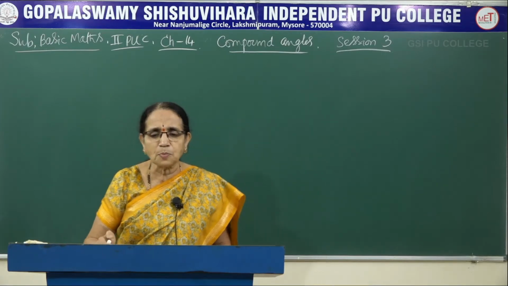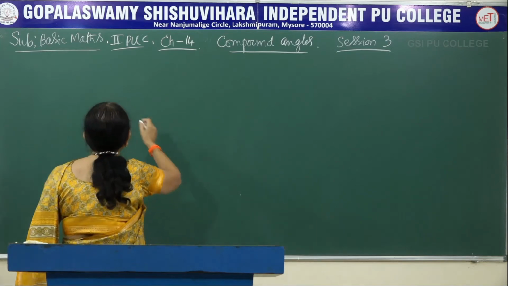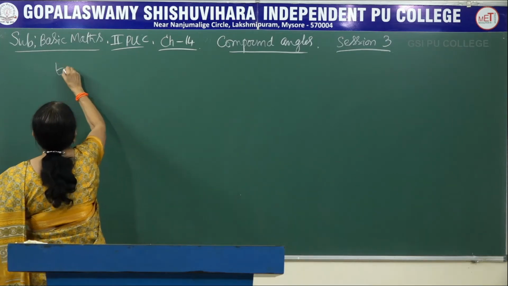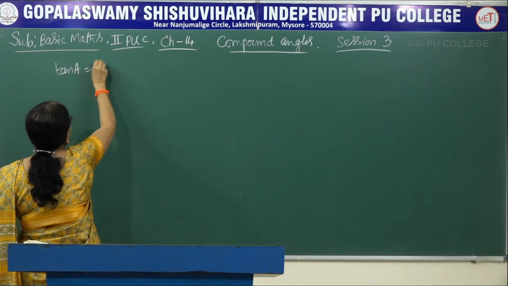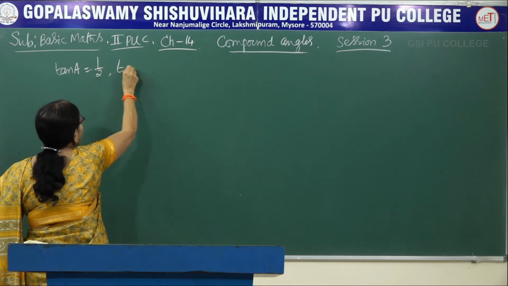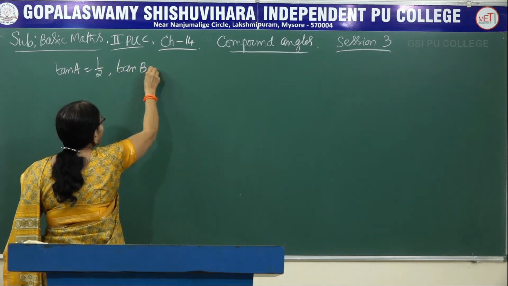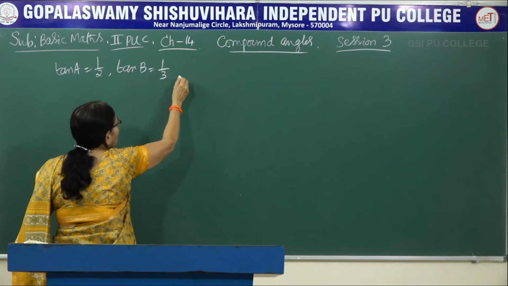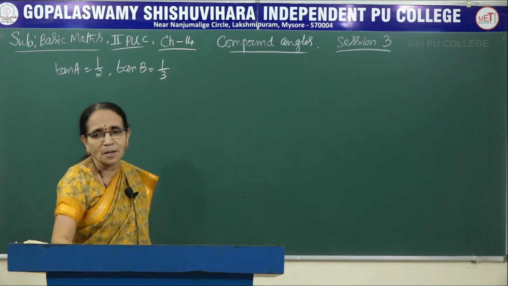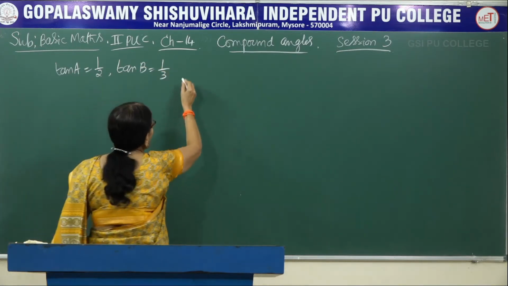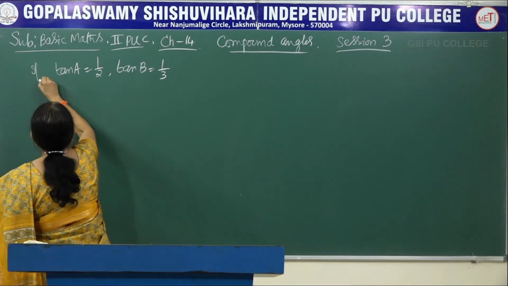Now the first problem is: if tan of a is equal to 1 by 2 and tan of b is 1 by 3, find tan of a plus b and tan of a minus b.